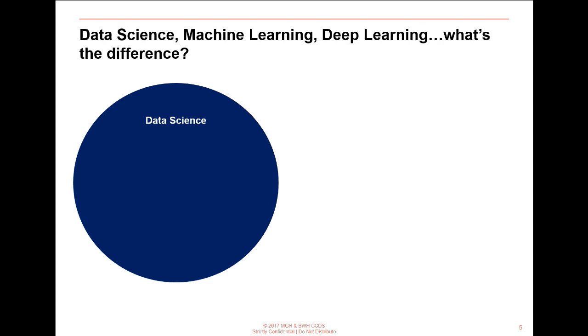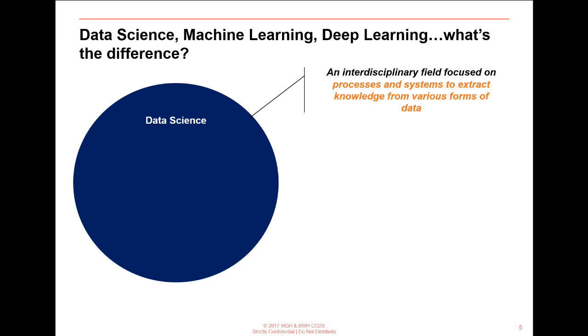Before we move forward, I just want to level set. A lot of people ask me the difference between data science and machine learning and deep learning. So just to level set, the term data science refers to this collection of capabilities that really belong to computer science and statistics. Within data science, it's really this interdisciplinary field that pulls together various systems, various kinds of data, and tries to pull meaning from that data.